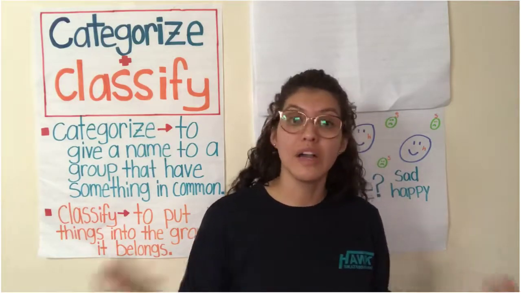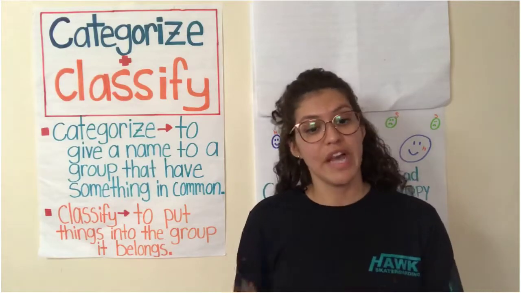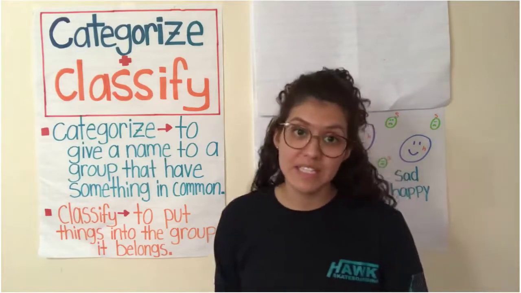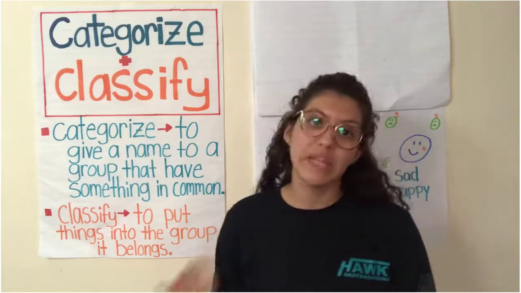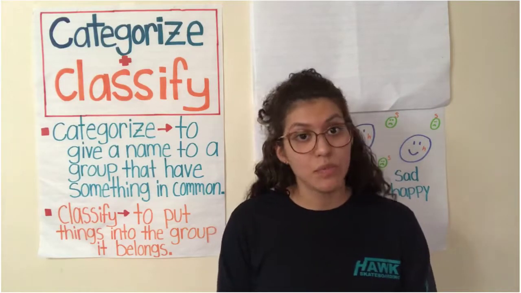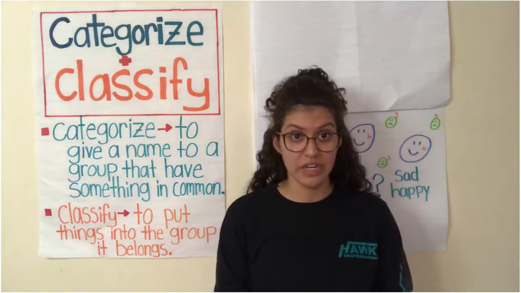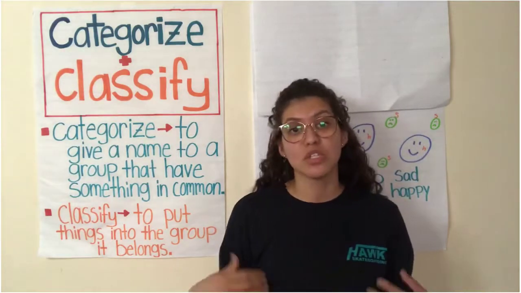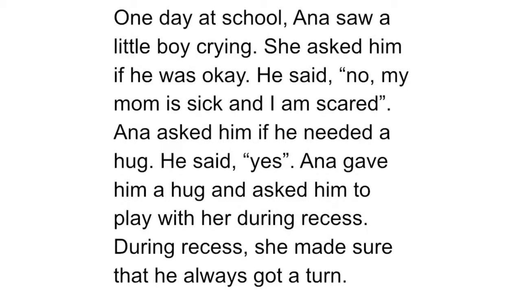Now, an author might describe another character as someone who is very helpful, they're very nice to the other people in the story, they share or they play with people. That one is probably going to be a good character. Again, the author didn't tell you that was a good character, but they gave you lots of clues so that you could figure that out yourself. Now we're going to practice how to use clues in a story in order to categorize.